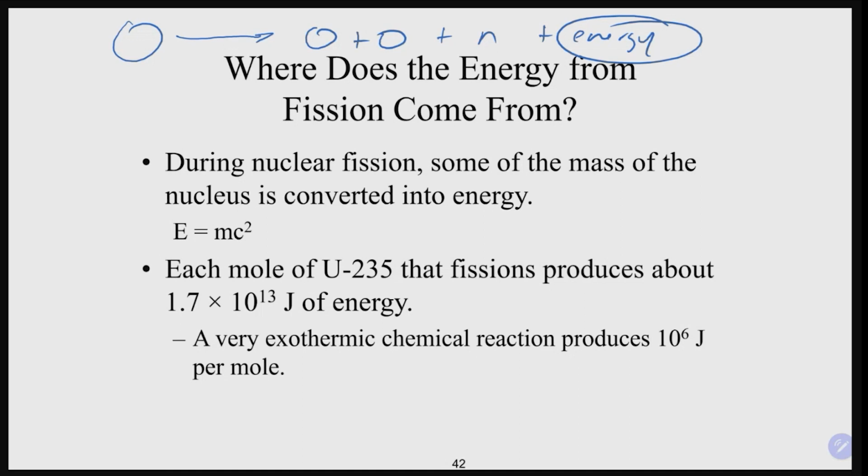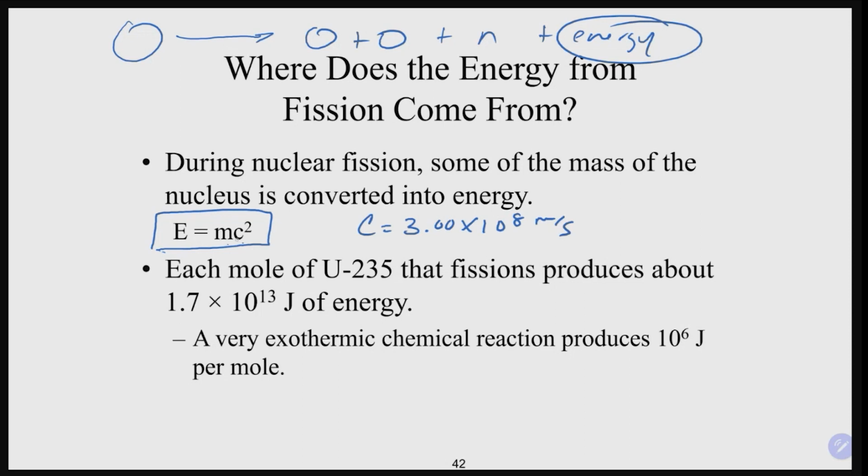And that slight difference in mass gets converted into energy through our good friend Einstein and his equation, E equals mc squared. That is energy, that is mass, and that is the speed of light, which is 3 times 10 to the 8 meters per second in this particular case.